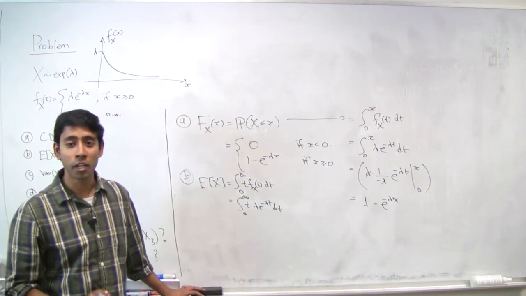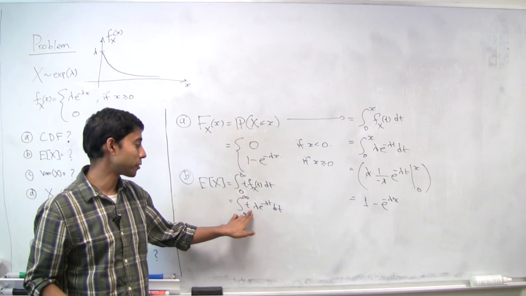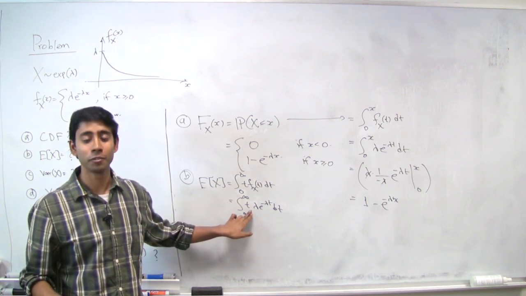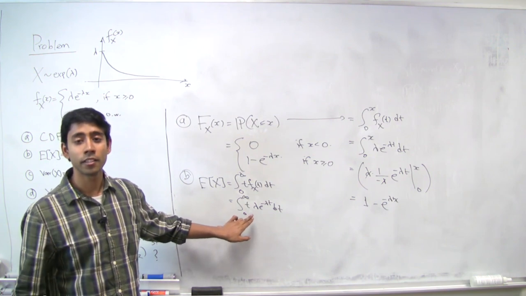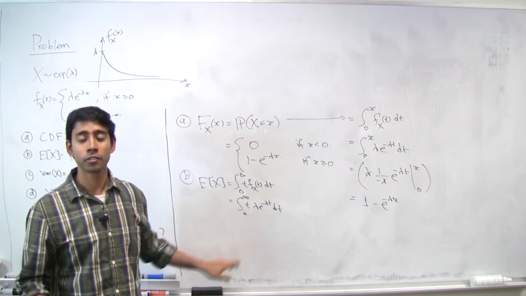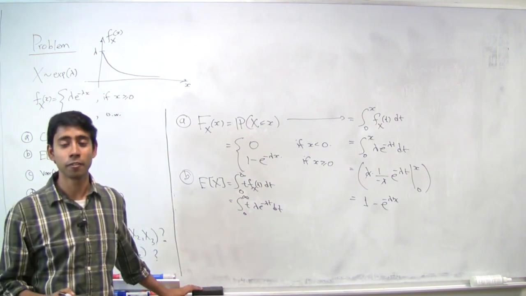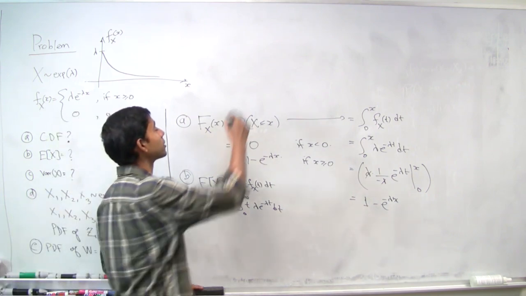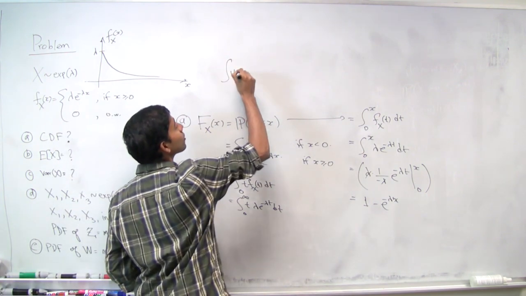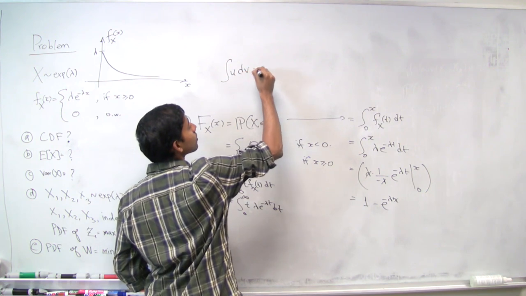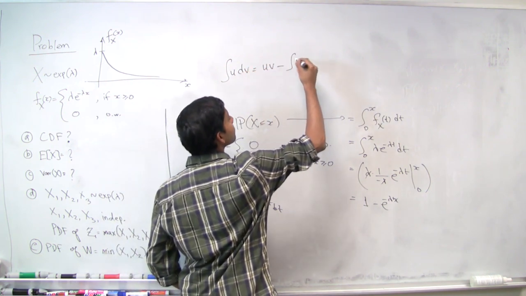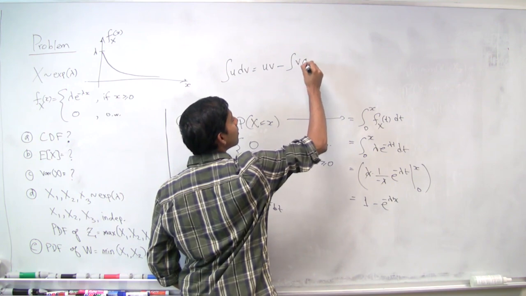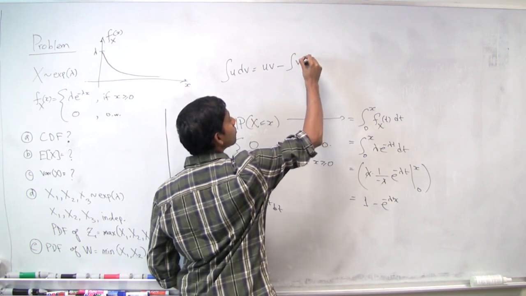Now, you can try all you want to get rid of this t. It's not going to go, even if you try all kinds of u substitution. At the end of the day, you're going to have to pull out your calculus textbook and find the integration by parts formula, which is the integral of u dv equals uv minus the integral of v du.